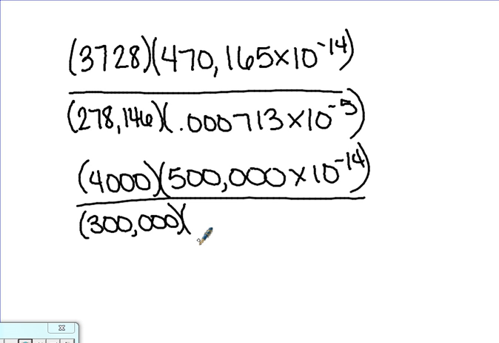And 0.000713 times 10 to the negative fifth will be 0.0007 times 10 to the negative fifth.